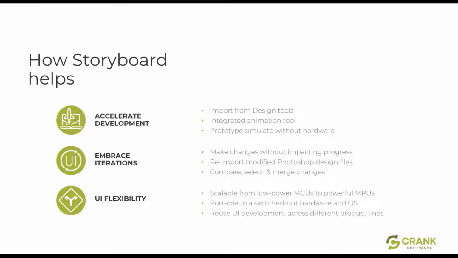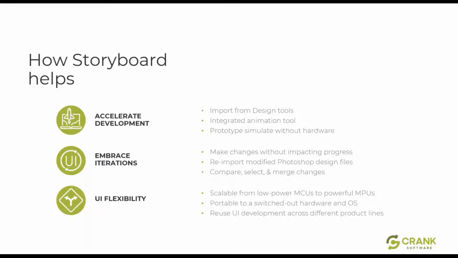When it comes to accelerating development, UI development can be fast-tracked by starting the UI design in tools such as Photoshop or Sketch, and once it's ready, it can be imported into Storyboard. From there, those files become the building blocks of the UI within Storyboard.